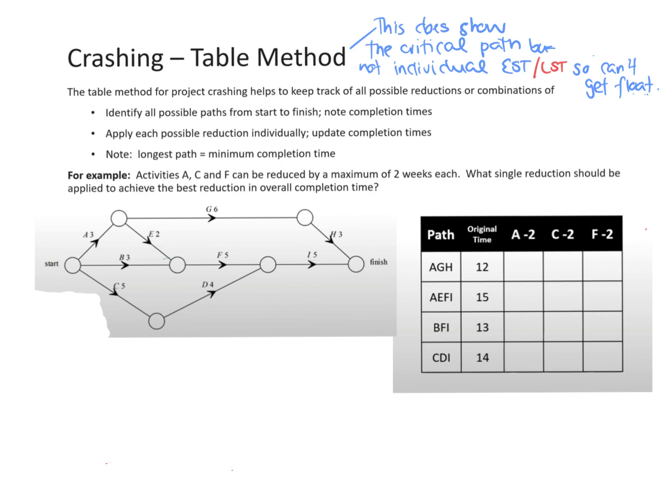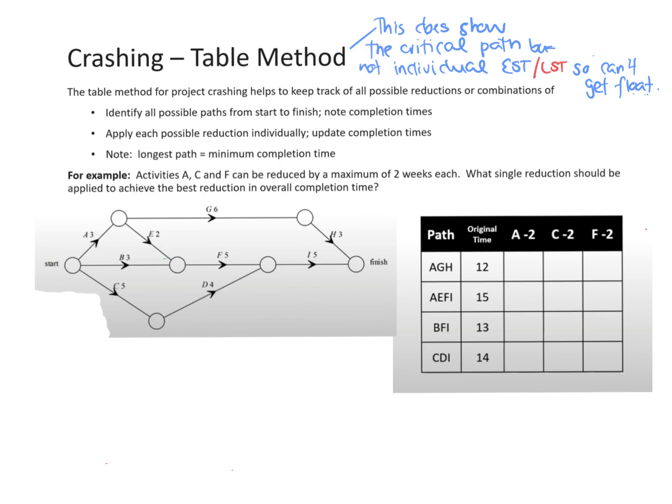Okay, so let's go. The first thing you should do is identify all the possible paths from start to finish. So if you have a look, AGI was the first one, so we went along there, and we wrote that path. You've got to write all the possibilities. What I do is start at the top, and then go, all right, this was another option.